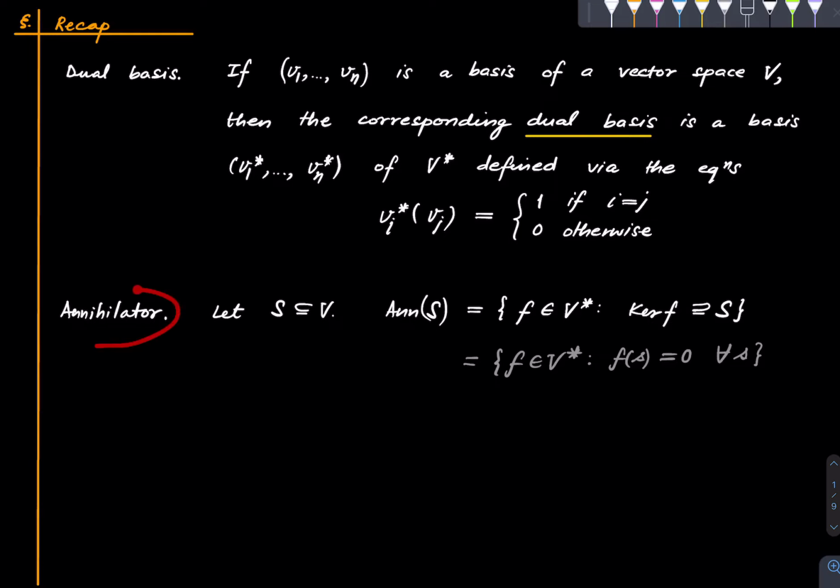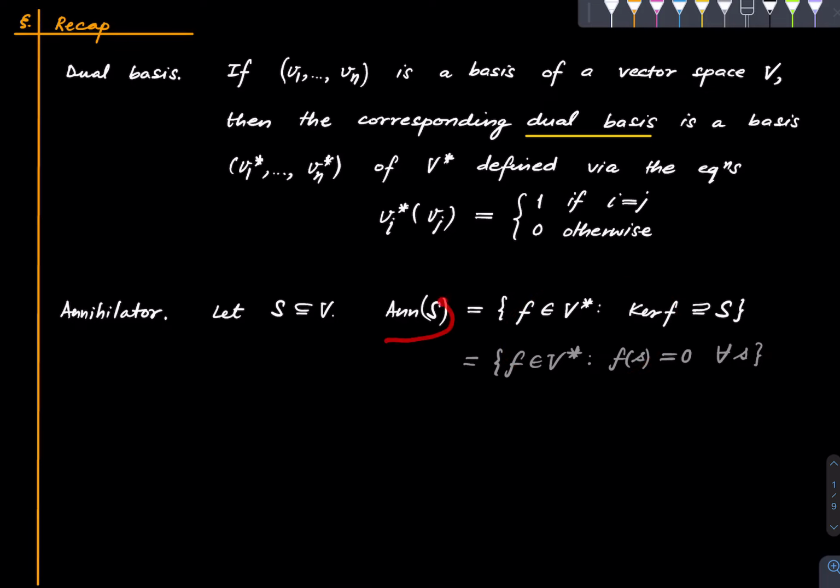We've also looked at the notion of the annihilator of a subset of a vector space. If S is a subset of V, then the annihilator of S is defined as all those linear functionals which kill everything in S, and this is one succinct way of writing that. This is perhaps the way I wrote it in the lecture that I delivered, but it's the same thing.